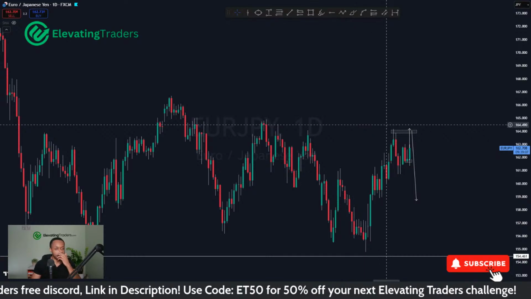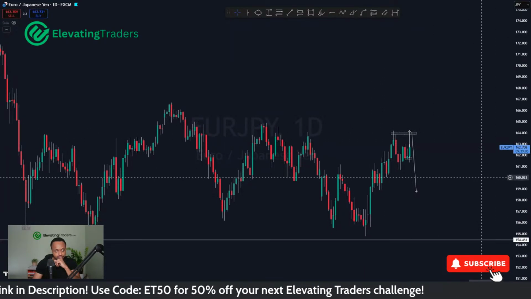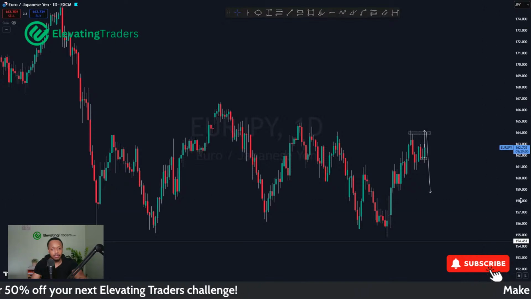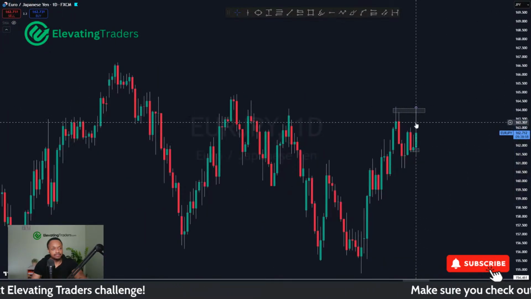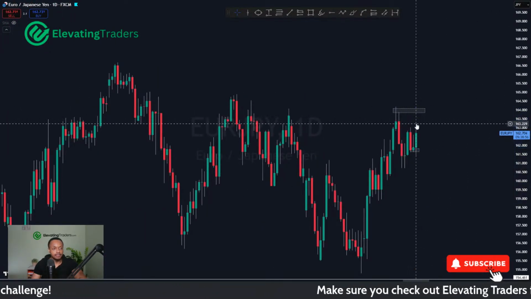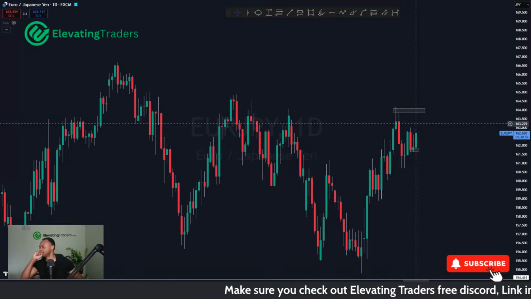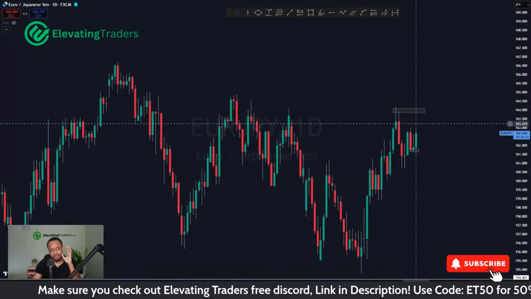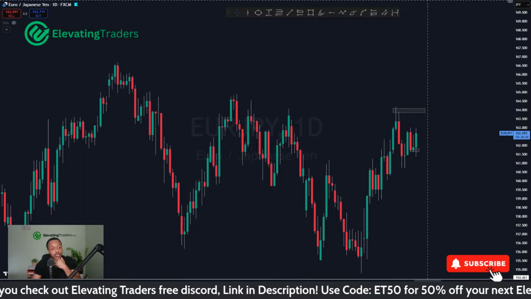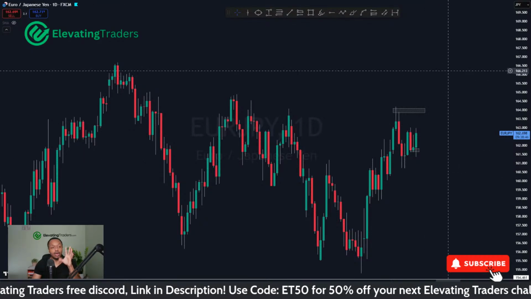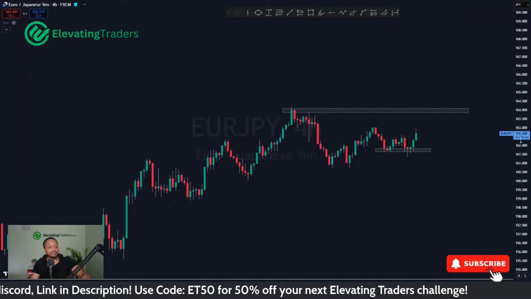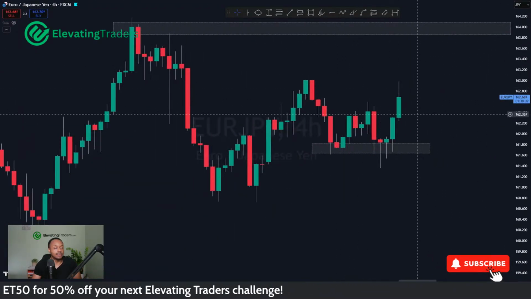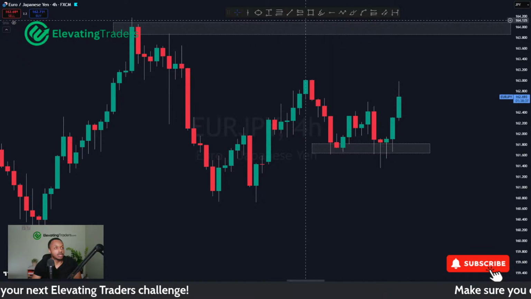So euro yen, I am again still long-term bearish on this one as well, similar to pound yen. However, it doesn't look like it's quite ready yet to be sold. Dropping to the 4-hour chart, there's some resistance on the left here, which looks like price is respecting.